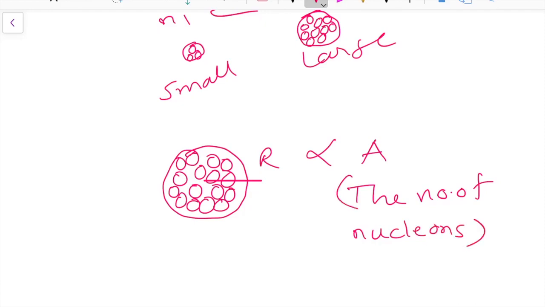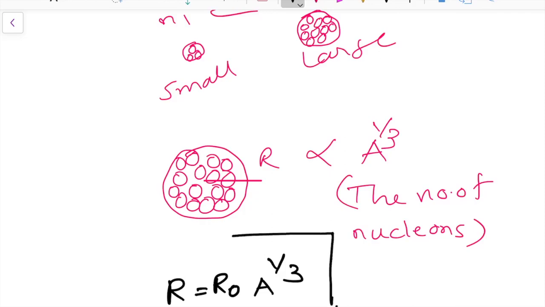Actually they are not related directly, they are related by a power of 1 by 3. So R is proportional to A power 1 by 3. If we remove the proportionality, R is equal to R naught into A power 1 by 3.